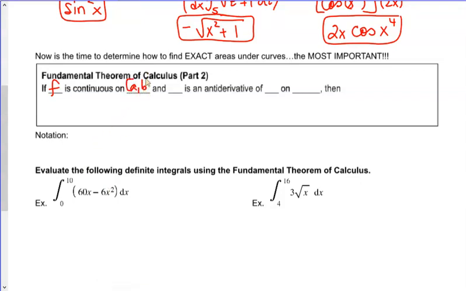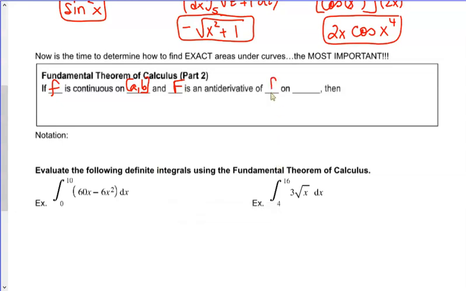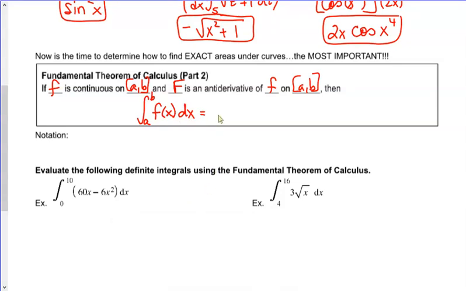So we have a function that is continuous on a closed interval [a, b], and I'm going to say that capital F is the antiderivative of this function on the closed interval [a, b]. Then the integral from a to b of f of x dx, which by meaning is finding the area under that curve from a to b, is equal to capital F of b minus capital F of a.